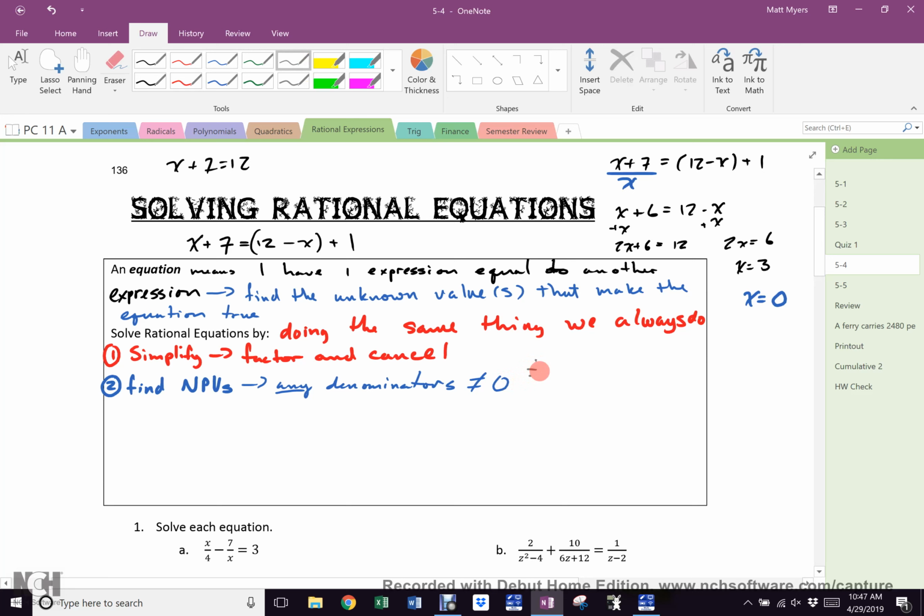If I am dividing by m over n, then both m and n can't equal 0 because of the reciprocal thing. Right? That's not news to anybody, is it? What do you think my third step is after I've factored everything? If it's an equation.